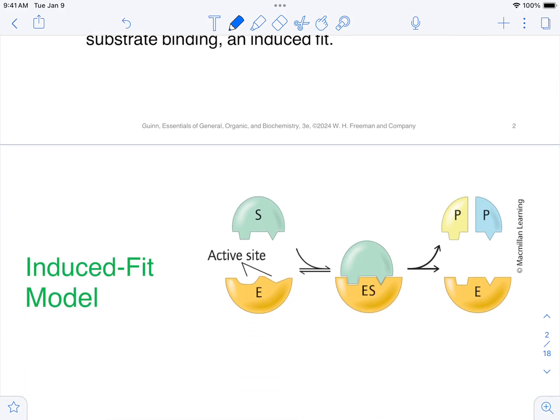So here you have your enzyme labeled E, and notice there's a certain shape to it. So it is going to look for a substrate, S, that perfectly fits in there. So this S is a perfect match. So it comes together at this active site.